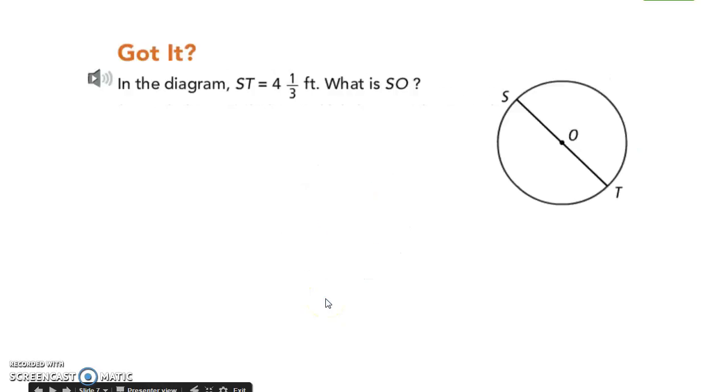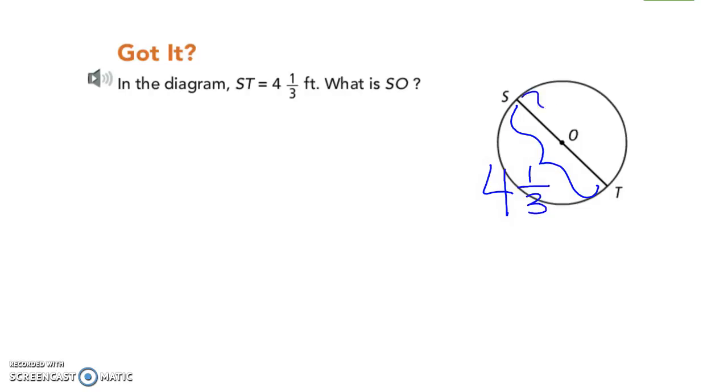So if they gave us a problem where they said ST equals 4 1/3, ST looks like it is the diameter, and they wanted us to tell SO, that's the radius. So I would have to do 4 1/3 divided by 2.